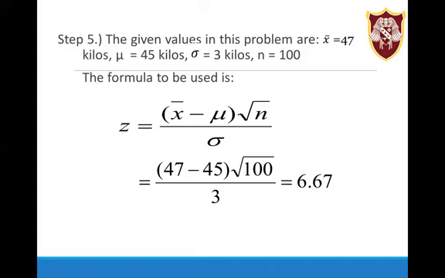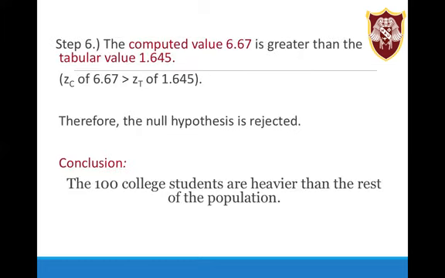So this one is the computed value. We already obtained the tabular value, and this one is the computed value. So we now compare the two of them. The computed value, 6.67, is greater than the tabular value of 1.645.